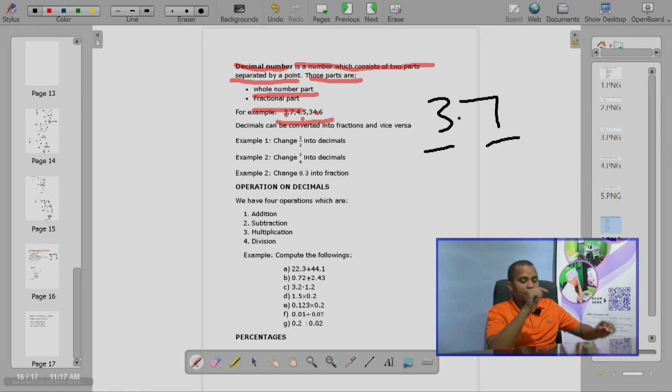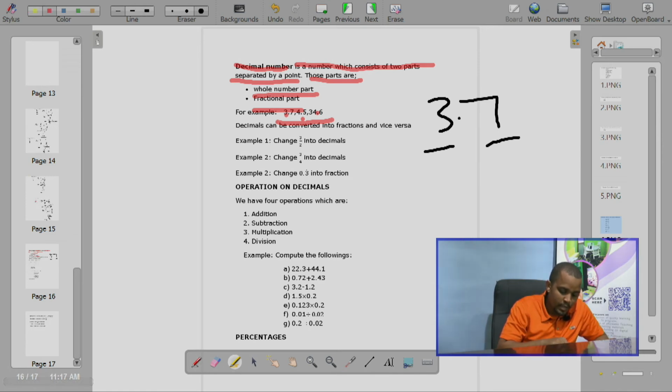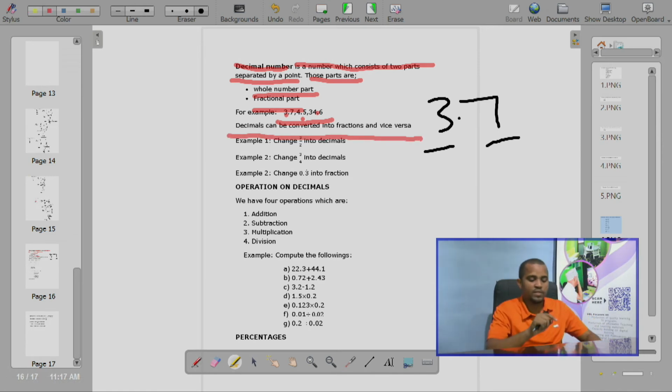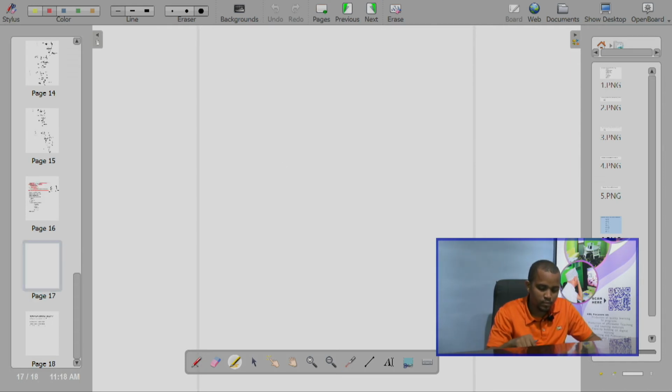Decimals can be converted into fractions and vice versa. I mean, you can change a decimal into a fraction, and also you can change a fraction into a decimal. Let's do examples concerning the conversion of decimals into fractions or fractions into decimals.